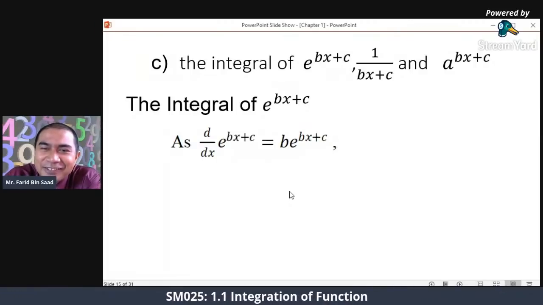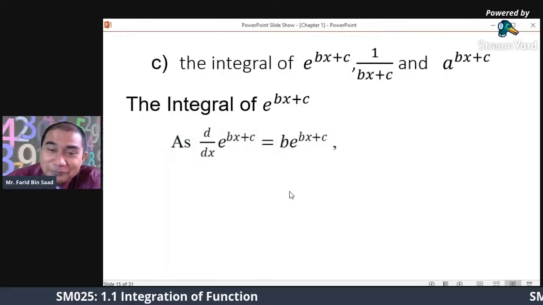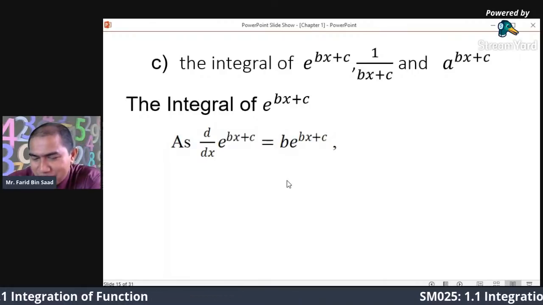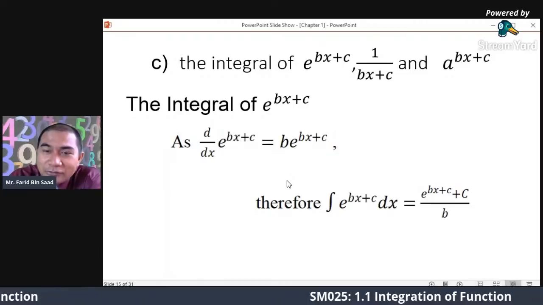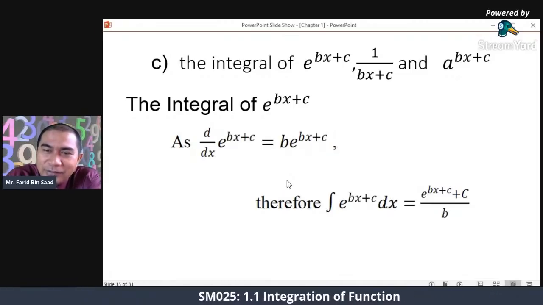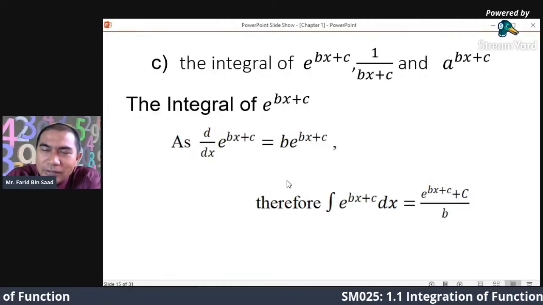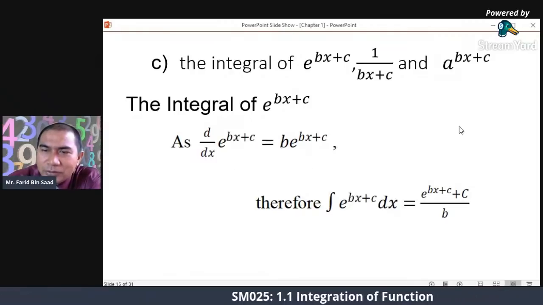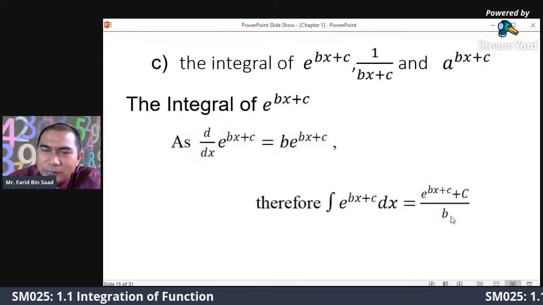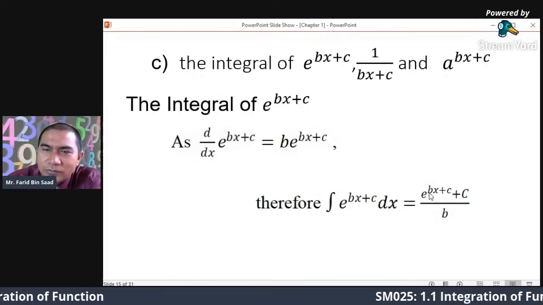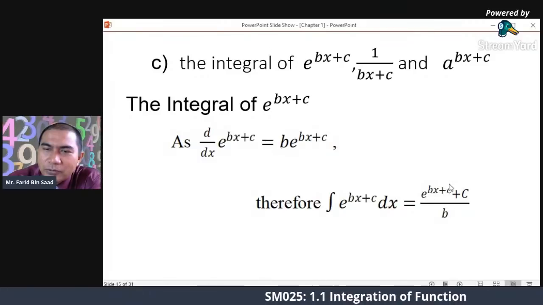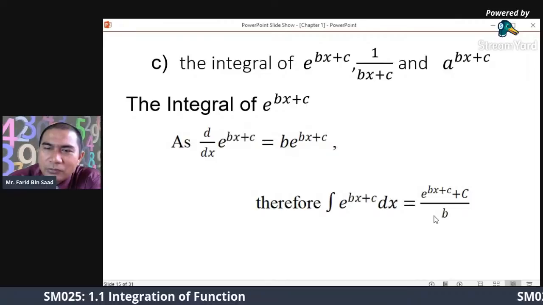Therefore, when we integrate e power bx plus c, dx is equal to e power bx plus c, plus C, this one is a constant, divided by b. Where does b come from? b comes from differentiating the power of the exponent. So we differentiate this one and we get b. Yeah, don't forget this one.